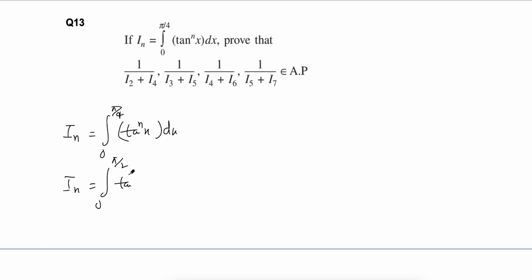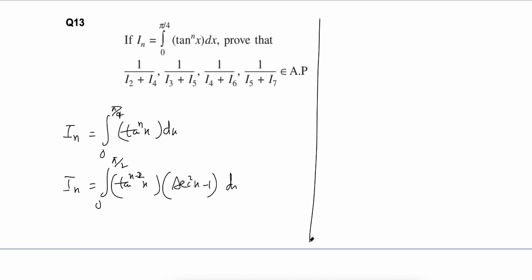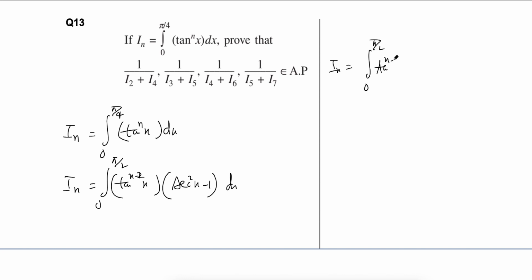I can write tan^(n-2) x into tan^2 x, and tan^2 x I can write as sec^2 x minus 1, dx. We discussed the same question in class, that's why I am not stressing more. So I_n equals the integral of tan^(n-2) x sec^2 x dx minus the integral of tan^(n-2) x dx.